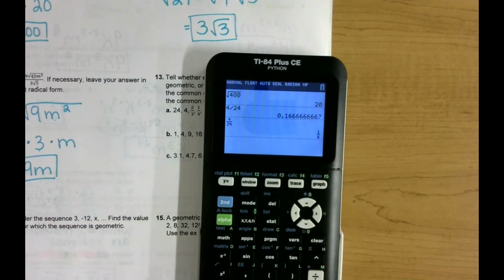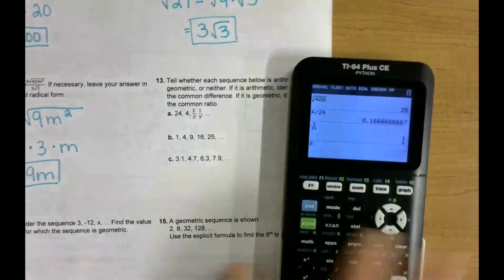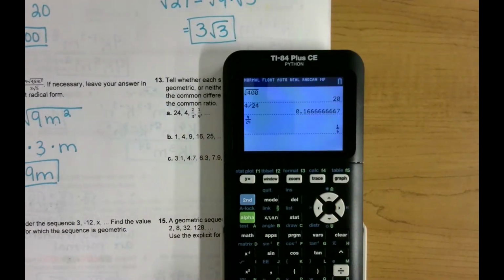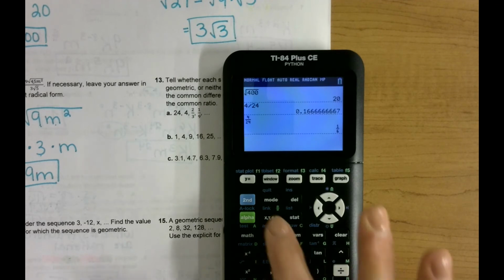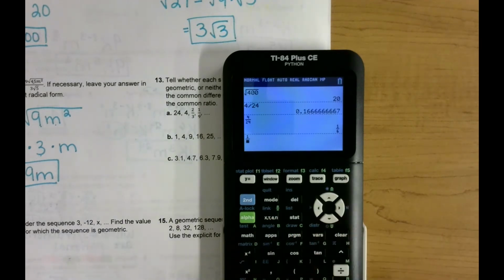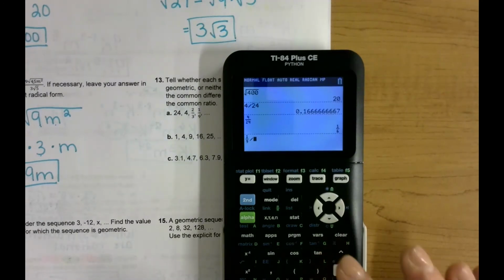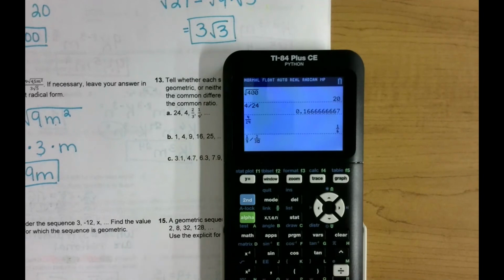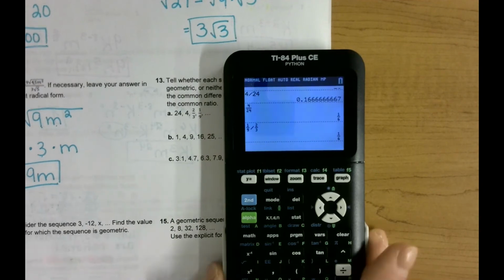Then I'm going to try 2 other terms, so like 1/9 and 2/3. So 1/9, and I'm going to divide it by the previous term, 2/3. 1/6. So that's geometric.